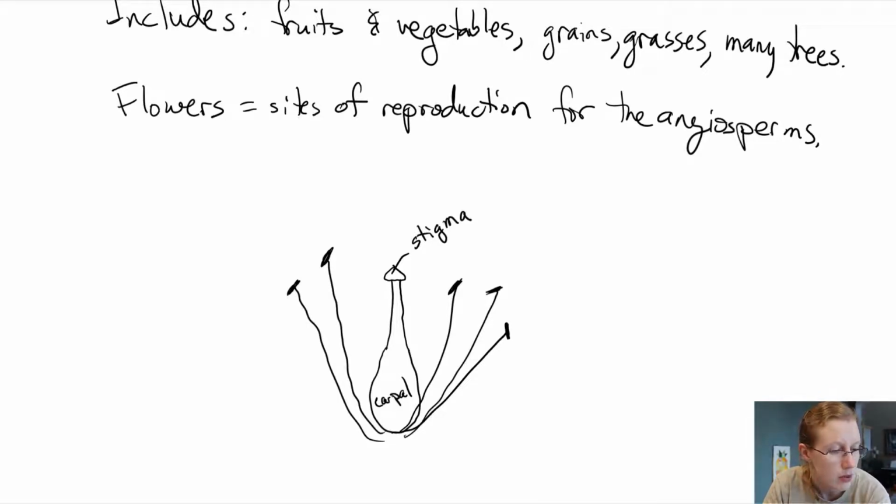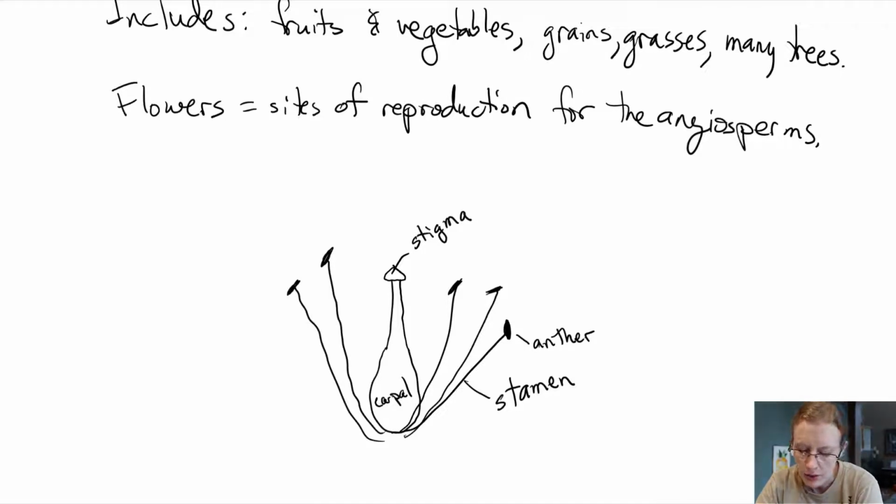These are called the stamens. Each of these stalks is called a stamen. And at the very tip of the stamen is an anther. That's this head at the end. That anther is where pollen is produced.